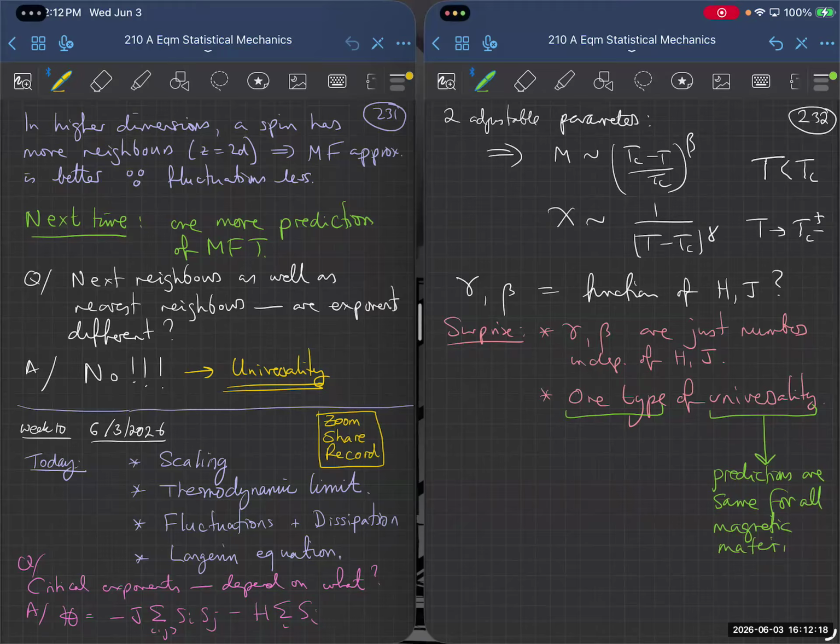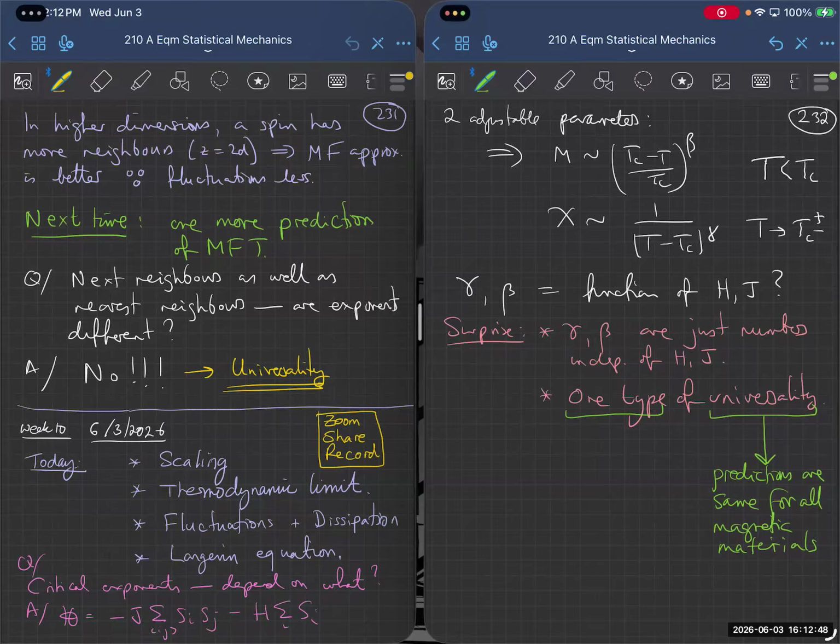So if you're looking at iron, you're looking at nickel, whatever it may be, you may say, well, these are different magnets. They have different properties, different chemical structure, different atoms and so on, different spins. You would think that these things would be different, but they're not. So they don't depend on the parameters in the theory. So that's the big surprise, and that's called universality. It's the same for all magnetic materials.